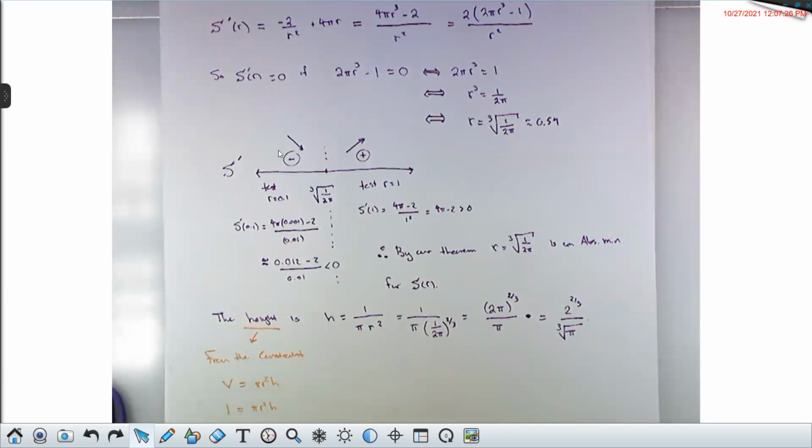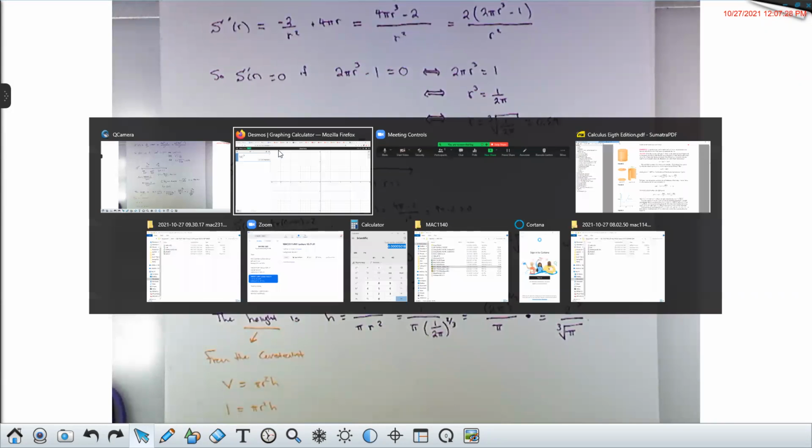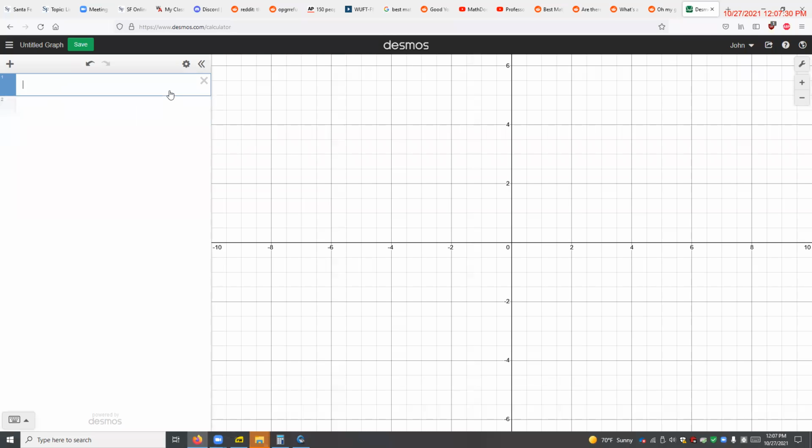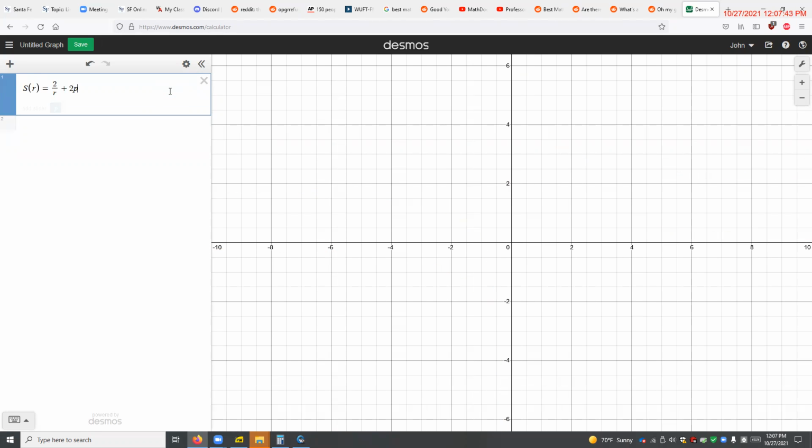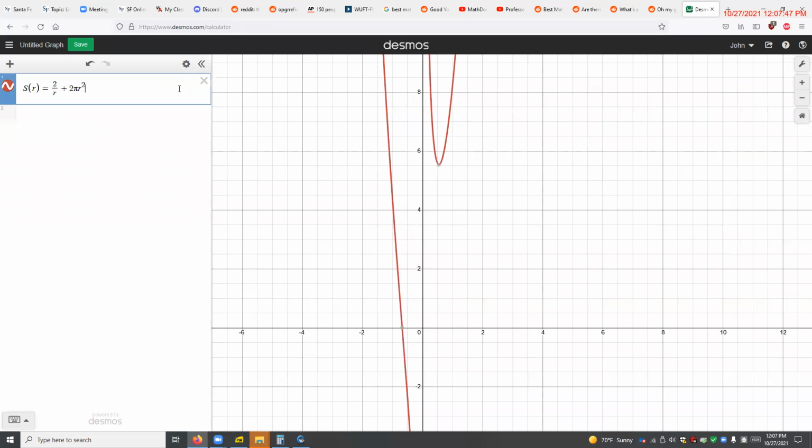We can look at the graph of S. What was our function S? It was 2 over r plus 2 pi r squared. And we're restricting our attention to the interval r greater than 0.